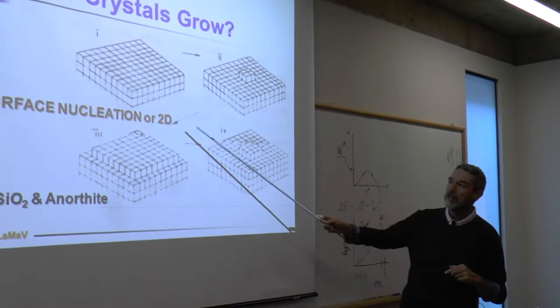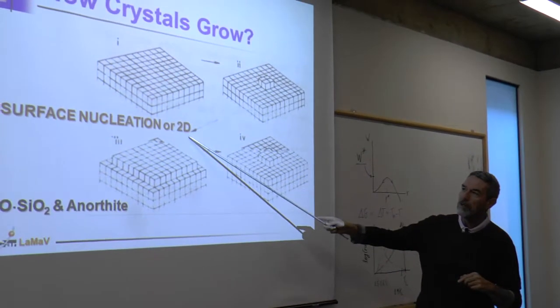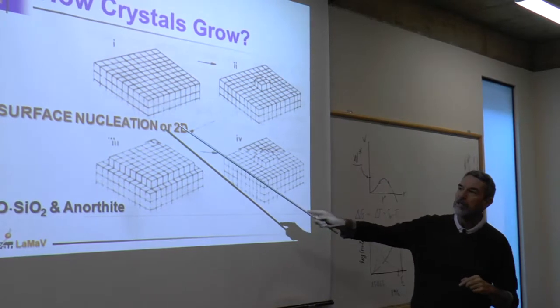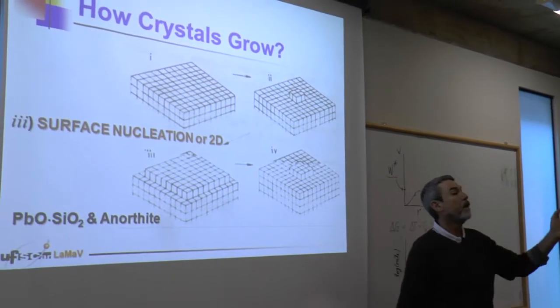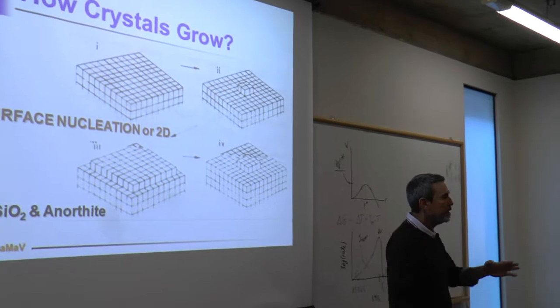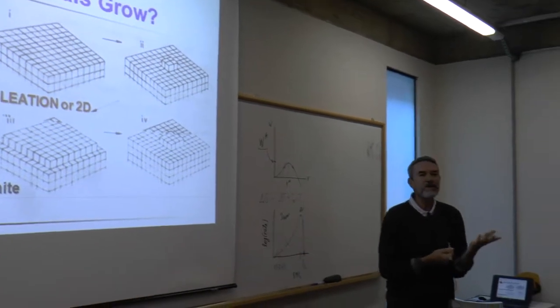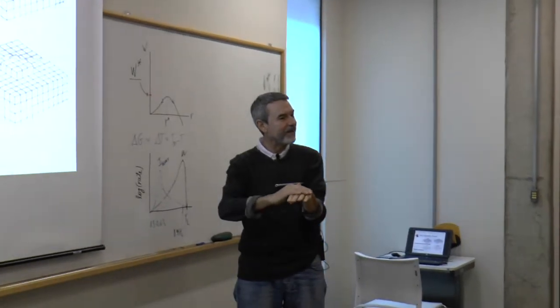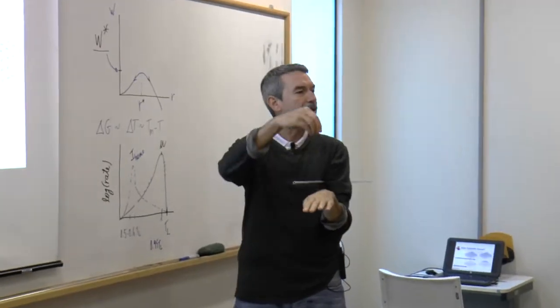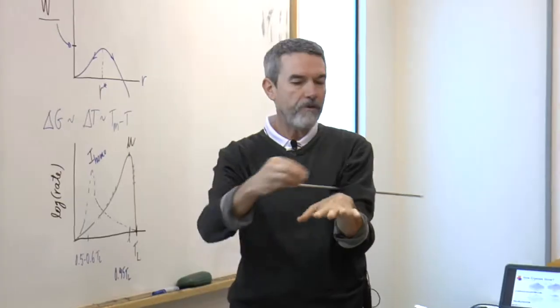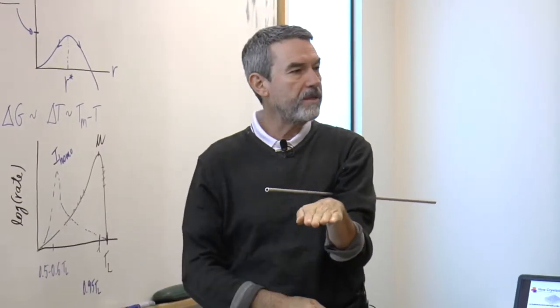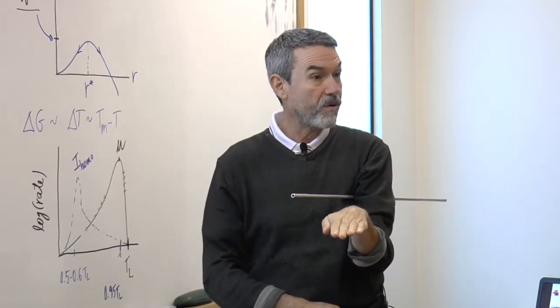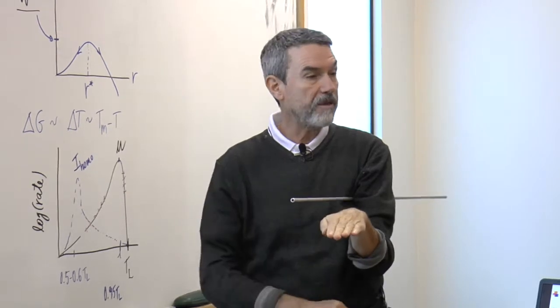That's called the two-dimensional or secondary surface nucleation growth model. This is like heterogeneous nucleation, but it's not heterogeneous because it's a secondary nucleation on a primary formed crystal. You have formed the crystal by primary nucleation, then this crystal can no longer grow because the interface is perfect.